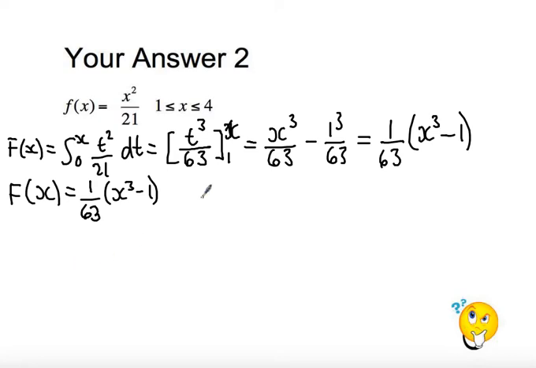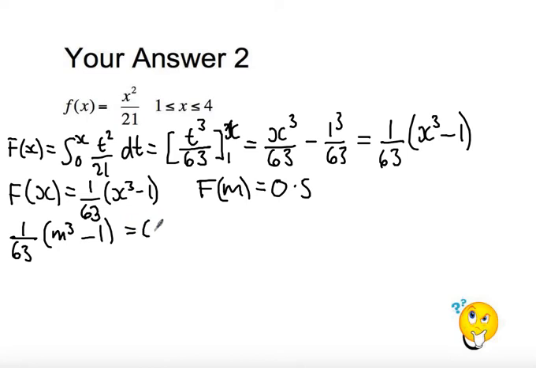So first of all, we want to find the median. So we're going to find f of m equal to 0.5. So again, what we're going to do is say 1 over 63 times m cubed minus 1 is equal to 0.5.